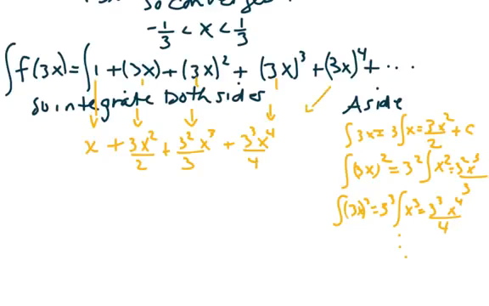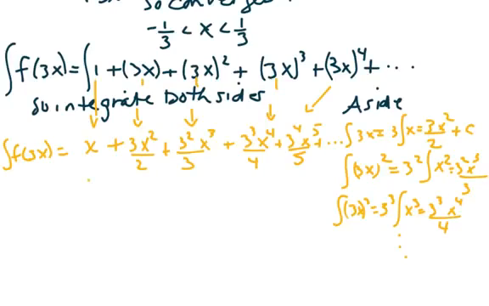And you can guess this one is 3 to the 4th, x to the 5th over 5, and that continues. So we integrated both sides, and this is the integral of f of 3x in expanded form.